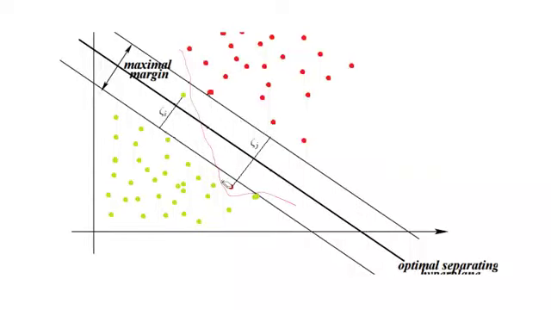Which is not a good model, though it may give me 100% accuracy on the training data on which I'm training this model. But in future, if I'm putting any new data onto it, if there is a little bit of variance here, this particular green observation may be misclassified. That's the problem you may have when there are certain outliers.